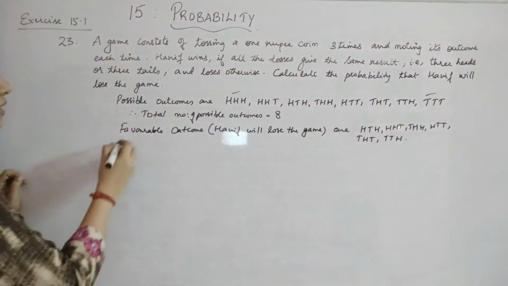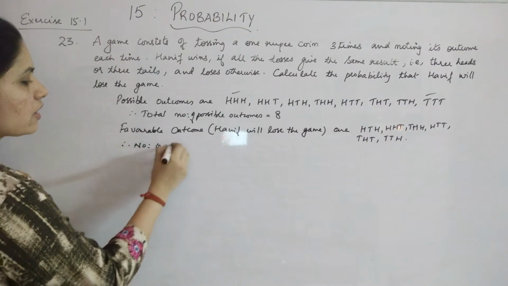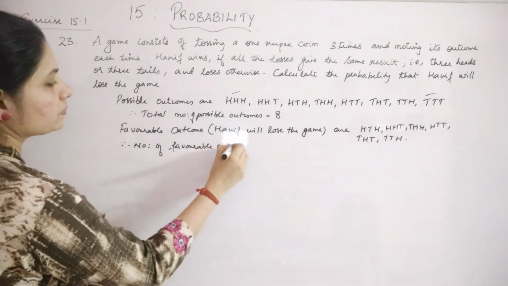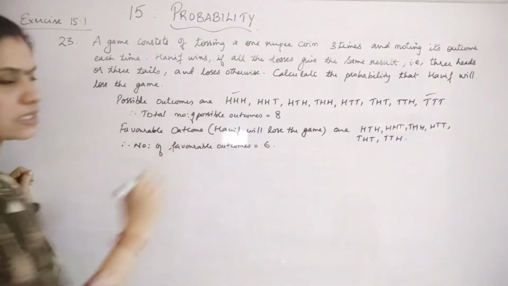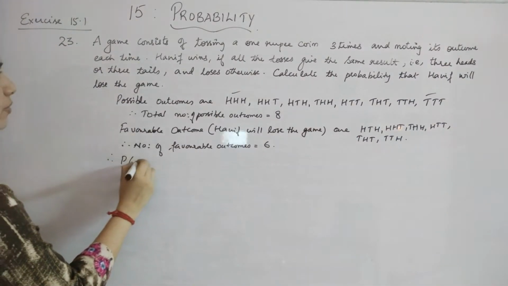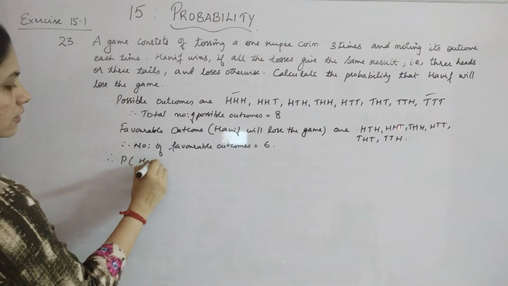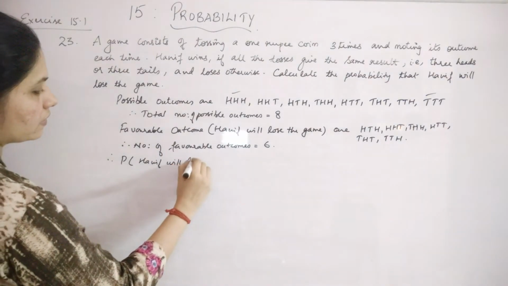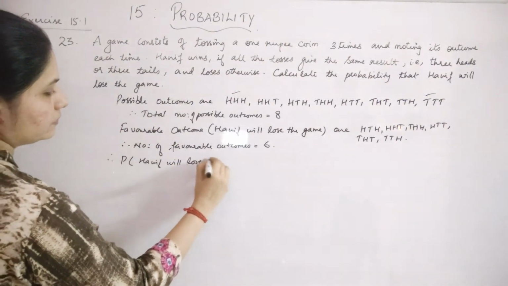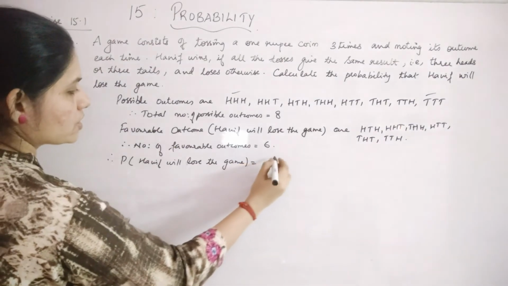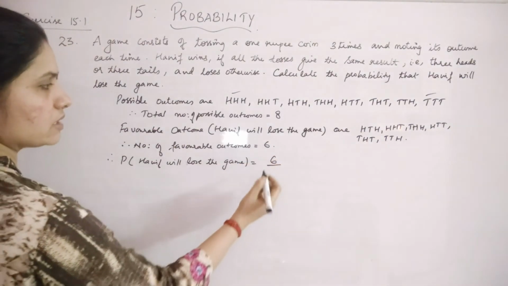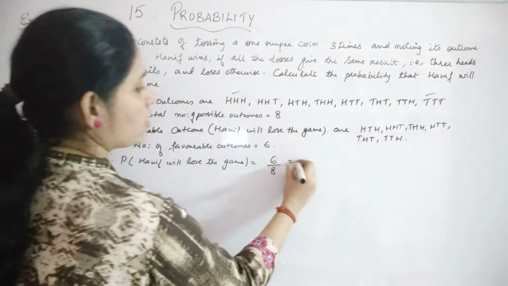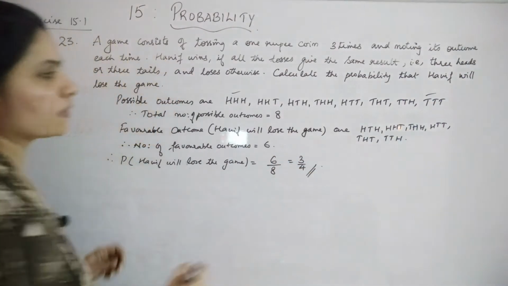So altogether the number of favorable outcomes are 6. Therefore, the probability of Hanif losing the game will be equal to favorable outcomes number divided by total possible outcomes number. So it is 6 by 8 or 3 by 4.